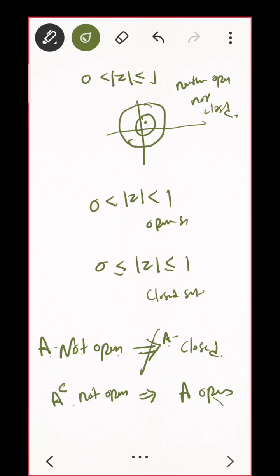ओके, वन मोर पॉइंट. व्हाट इज़ दैट? Accumulation point.